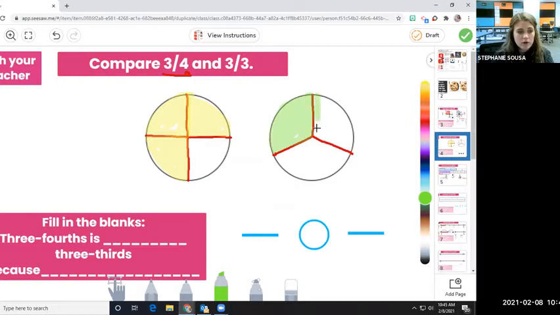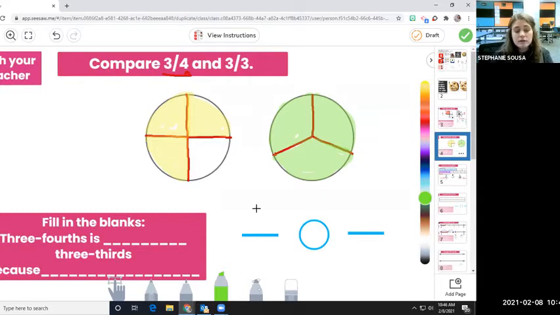There's 1 1/3, 2 1/3, and 3 1/3. Hopefully you are noticing that when we have 3/3 shaded, that is all of a circle or a total whole.